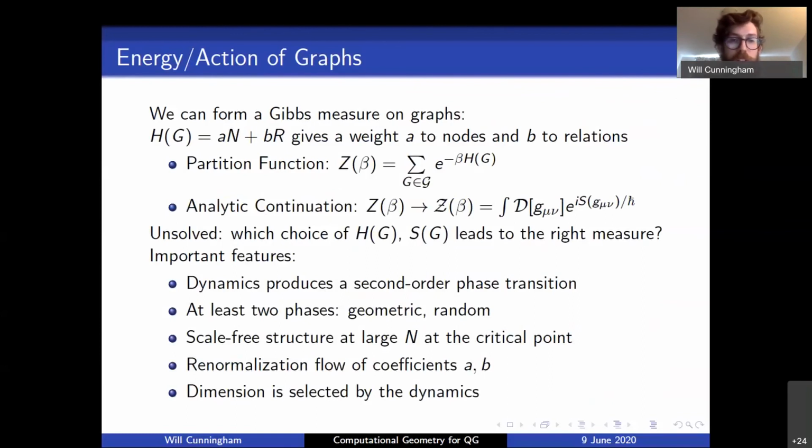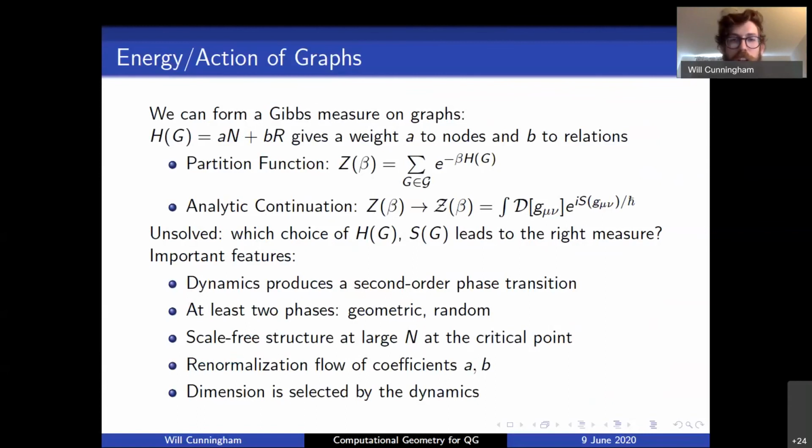So again, these are label invariant quantities, which are going to go into your Hamiltonian. And then you have 2 couplings A and B, and you're going to use this to assign some energy or action to your graph. In the Riemannian case, typically we talk about the energy of graphs.